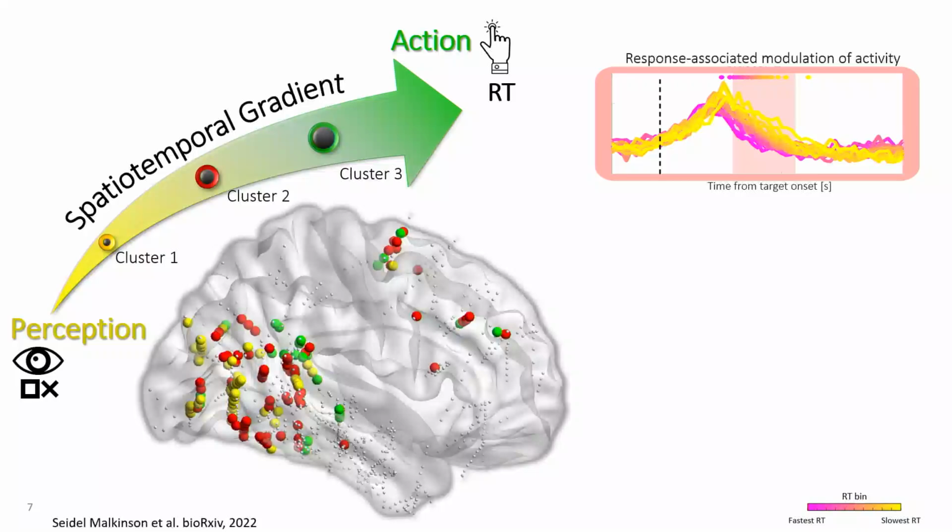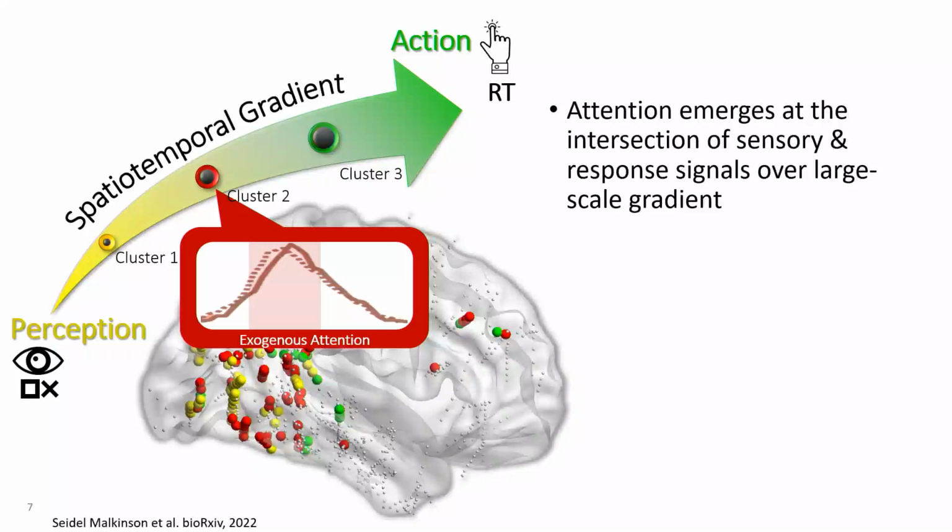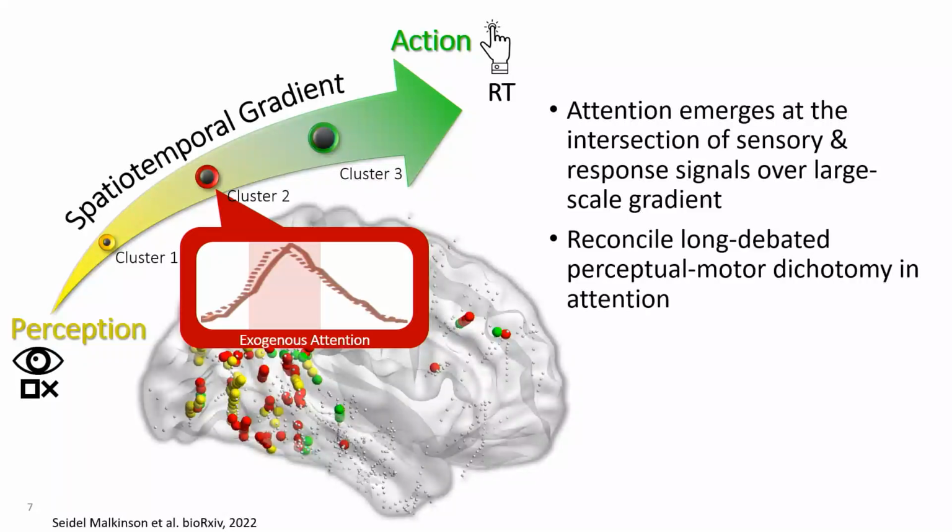Notably, at the center of this gradient, where these perception and action signals interact, we found the attentional effects that are associated with the behavioral pattern, showing us that attention emerges at the intersection of sensory and response signals over large-scale gradients. These findings reconcile the long-debated perceptual-motor dichotomy in attention, showing that attention may arise over these large-scale gradients, and challenge a multi-stage model of attention.